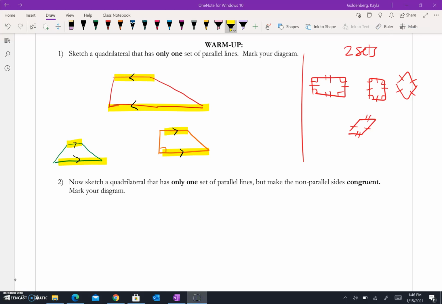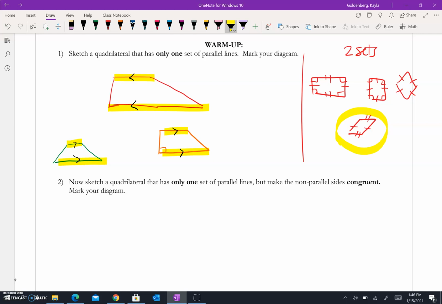So for number 1, we needed a four-sided figure or a quadrilateral with only one pair of parallel lines. Now notice on the side I've drawn examples that we've seen where we have two sets of parallel lines: rectangles, squares, rhombuses, and then remember a parallelogram, this one I'm circling here.